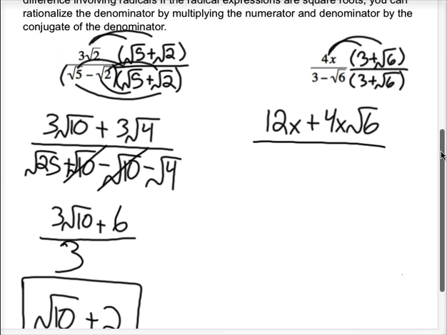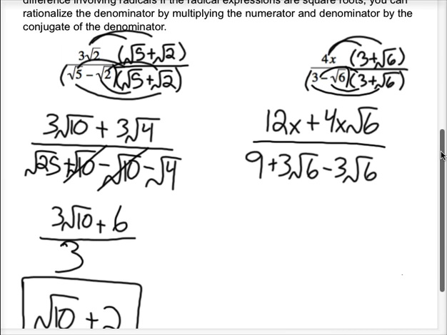So the top is just distributing. The bottom, this is where our FOILing process begins. So I'm going to have 3 times 3 to give me 9. 3 square roots of 6, then a negative 3 square roots of 6, and then that last piece, negative square root of 6 times square root of 6, becomes a negative square root of 36.